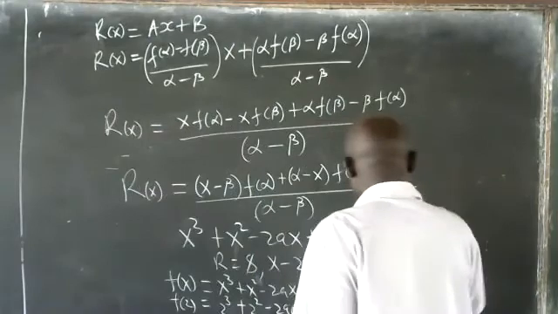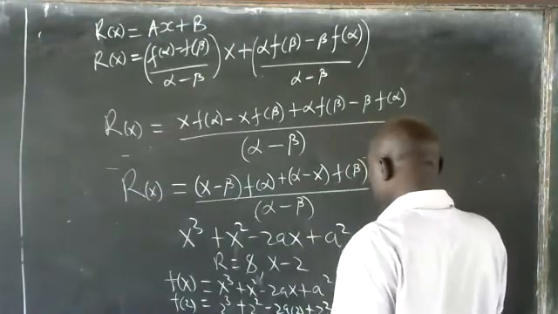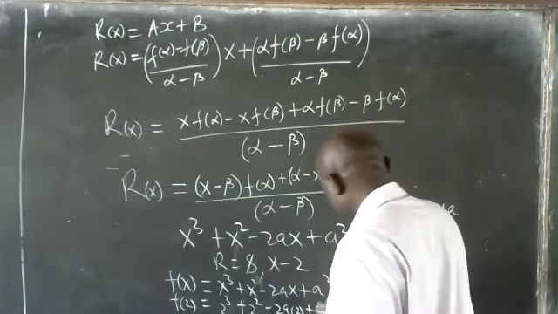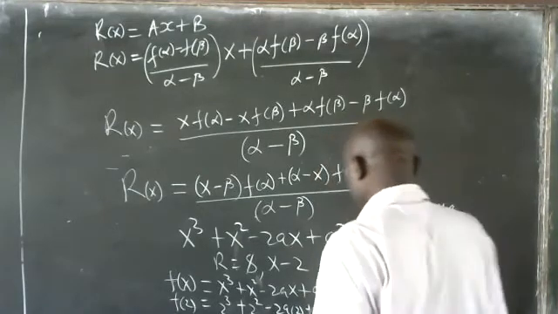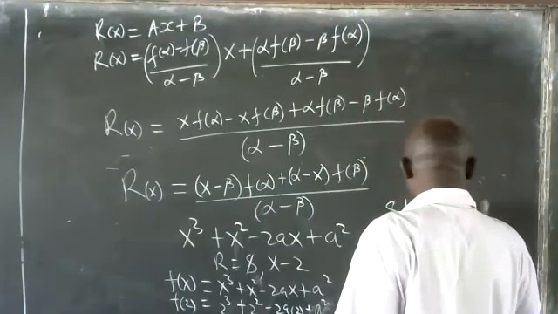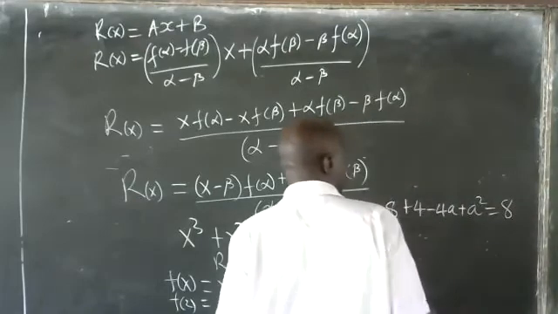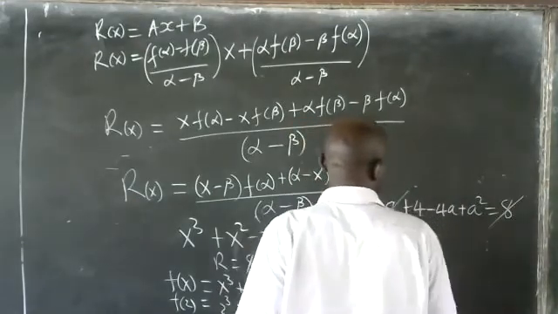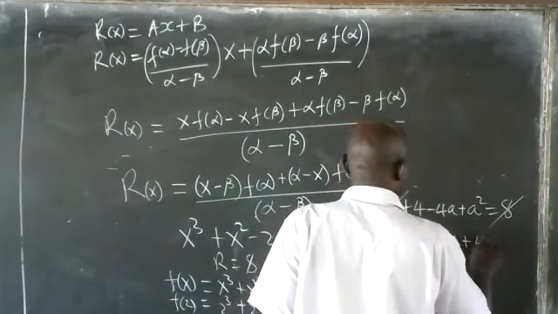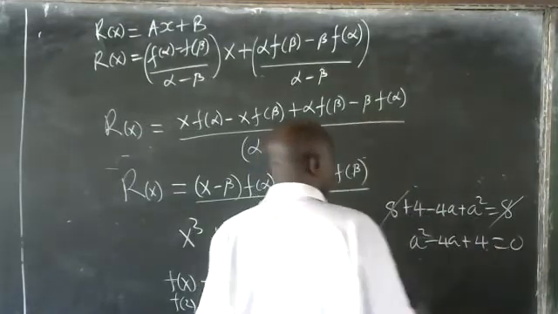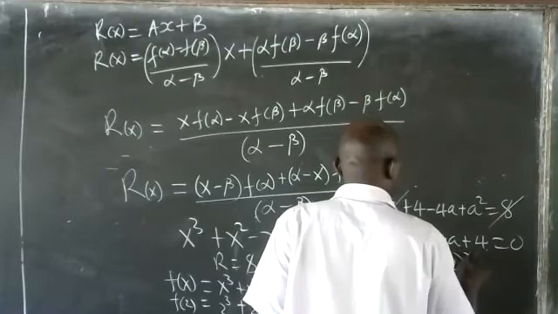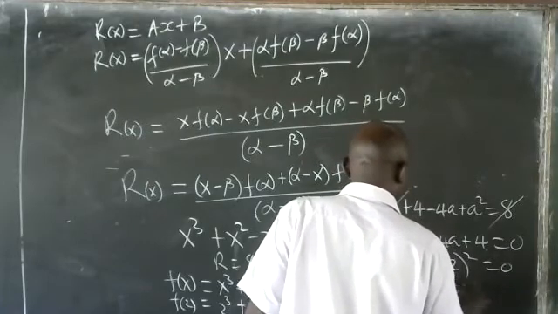We shall have 8 plus 4 minus 4a plus a squared is equal to 8. So we are left with a squared minus 4a plus 4 is equal to 0. So this is a perfect square. So a is equal to 2.